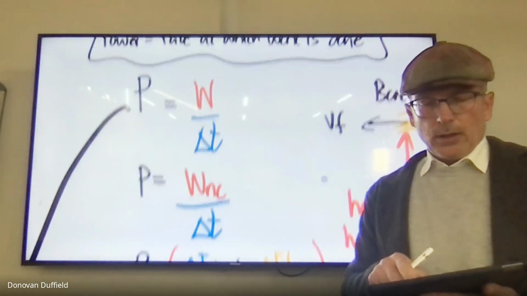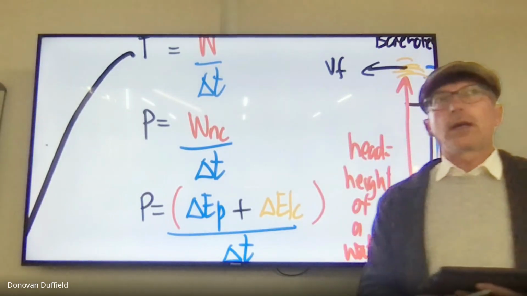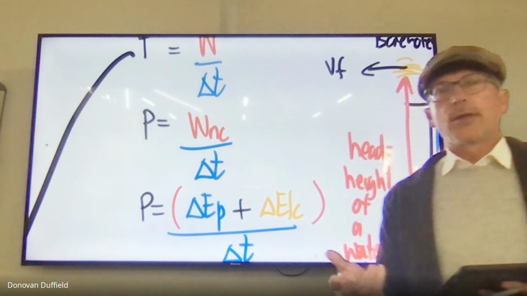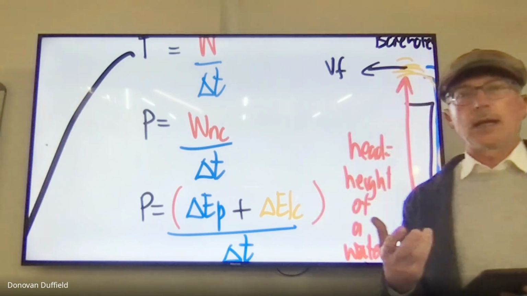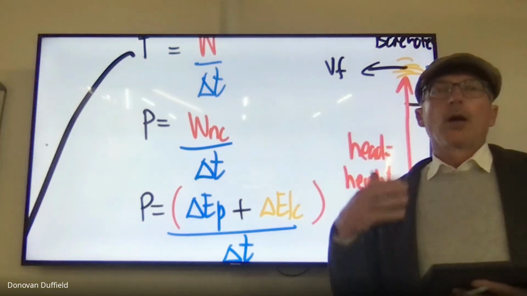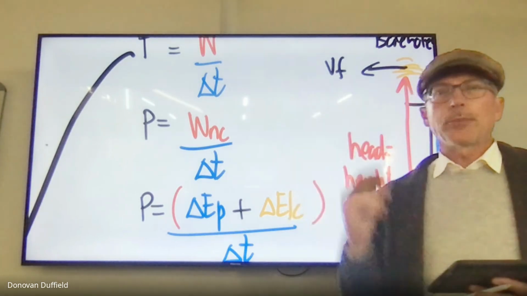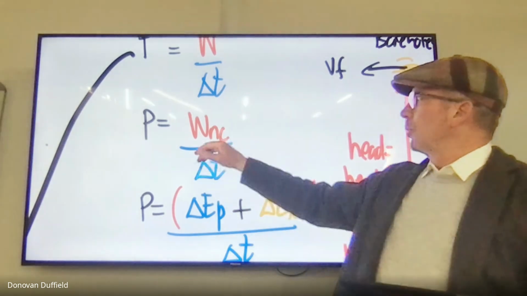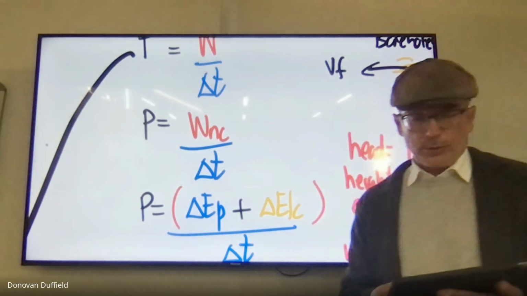Now, if one is looking at a system where there is a pump, then there is a non-conservative force that is being applied, namely the force of the pump on the column of liquid that is being pushed up. So we would be working with the work done by a non-conservative force.